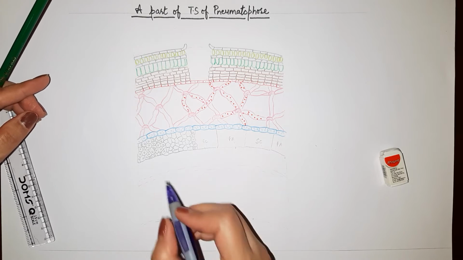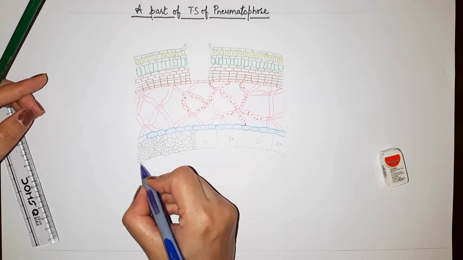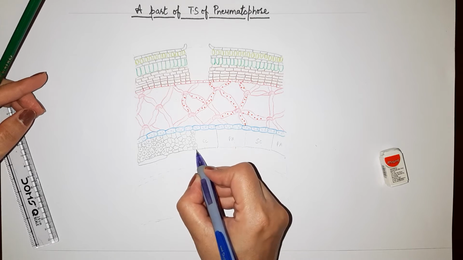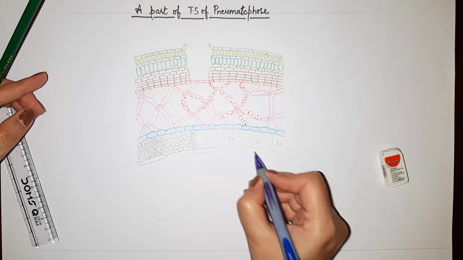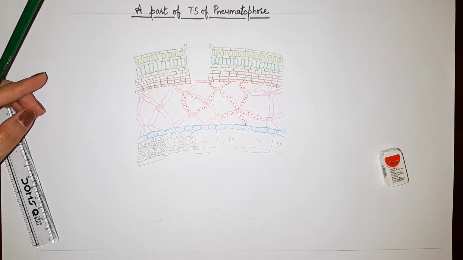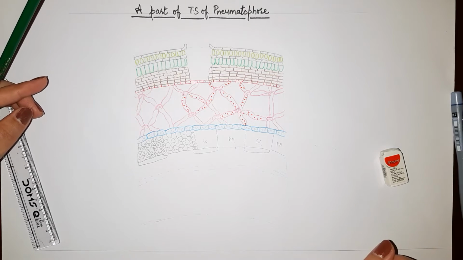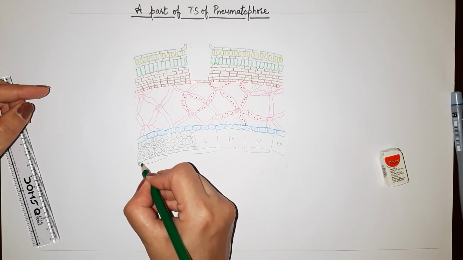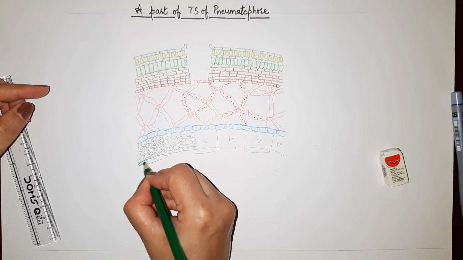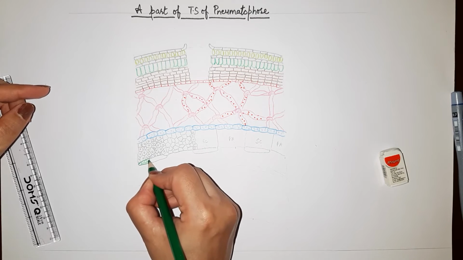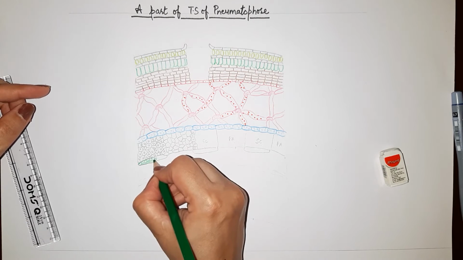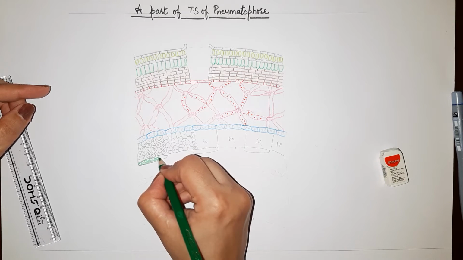Now below sclerenchyma we will show the primary phloem. It's a crushed primary phloem. So we will make only a few cells in this area, and those cells should be the smallest cells of your diagram.